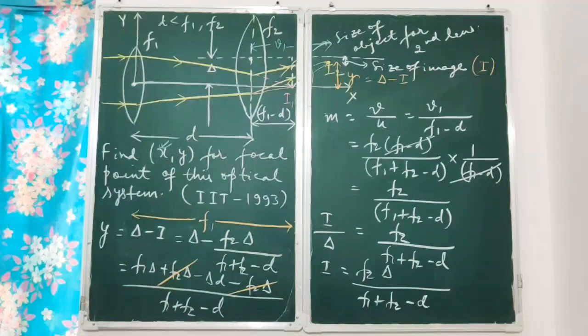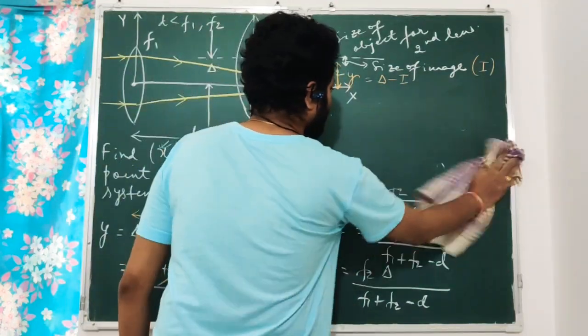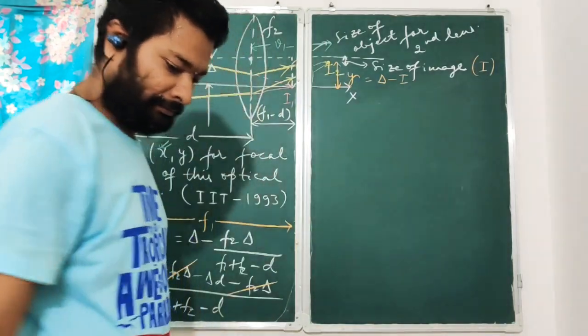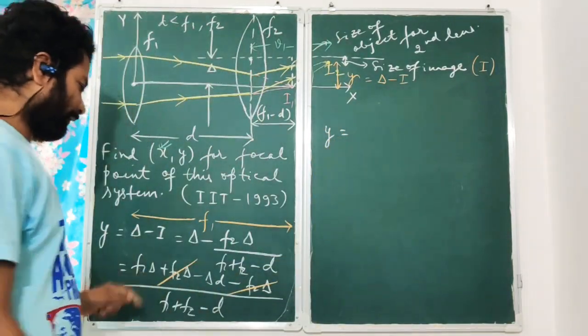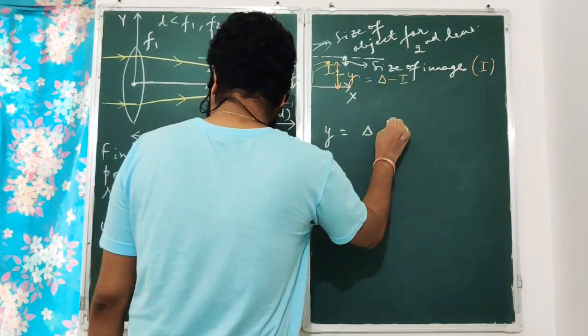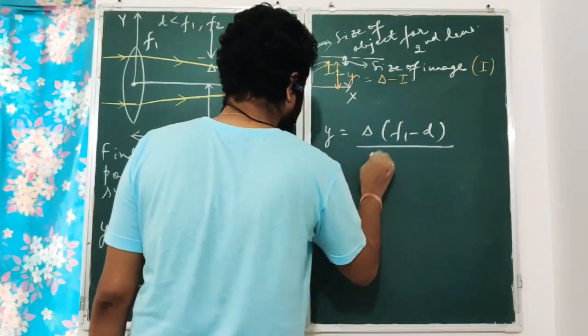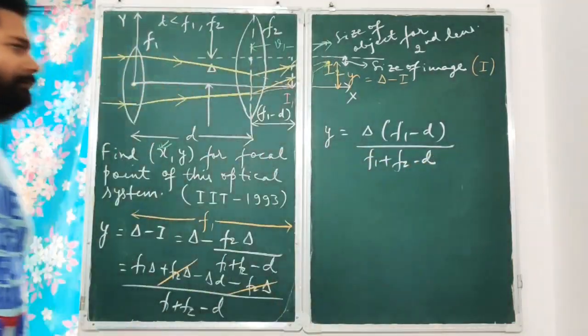So what will be the final answer, guys, for the y coordinate? We can write it as delta into (F1 minus D) divided by (F1 plus F2 minus D).